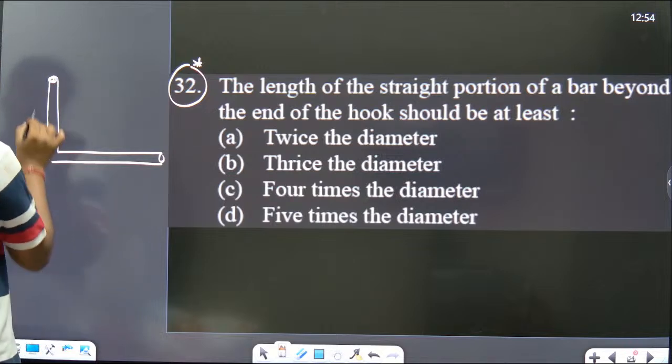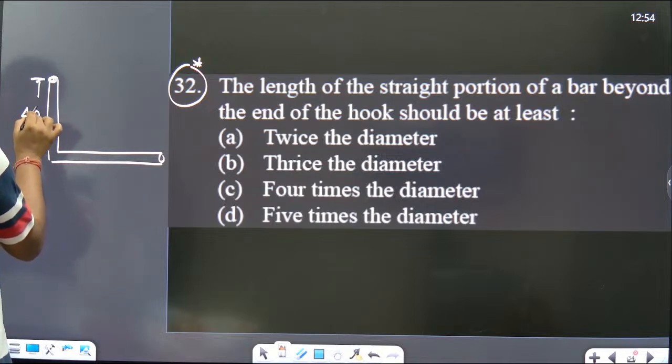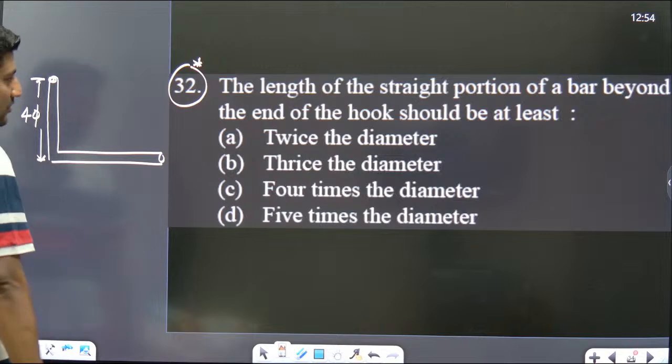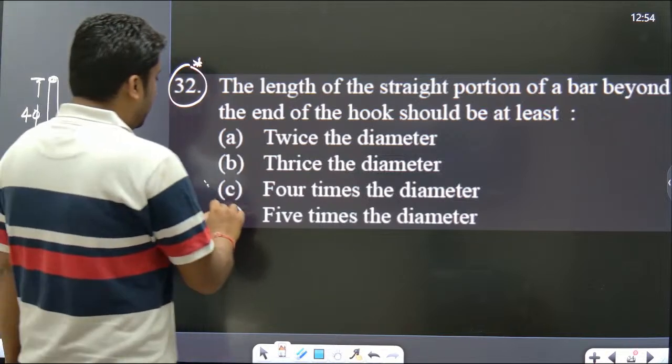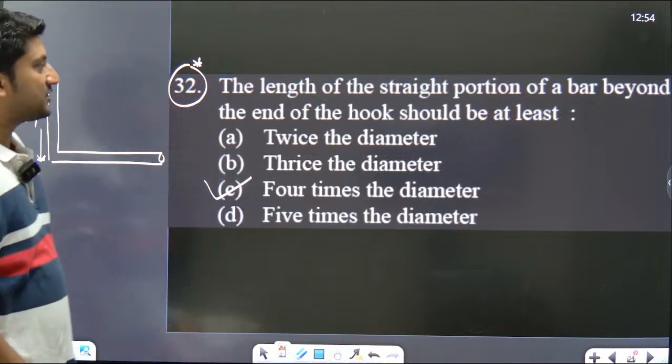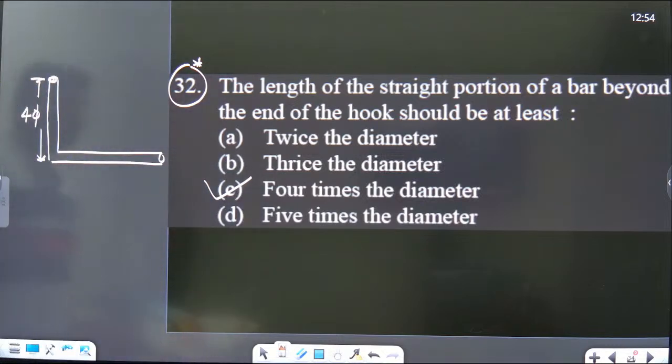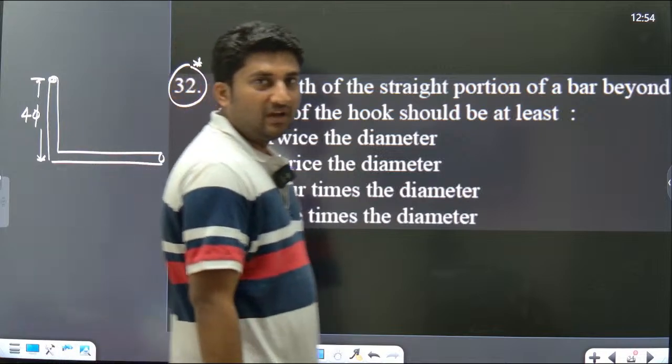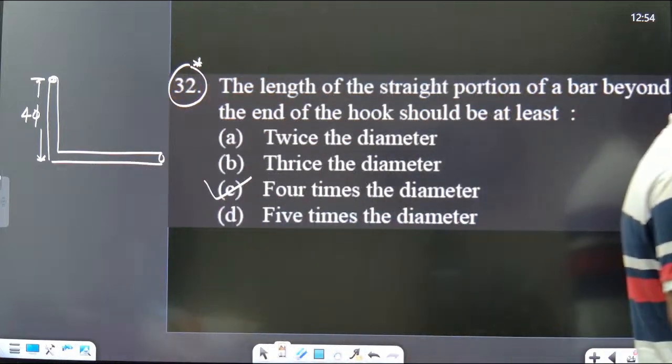This is nothing but 4 times the diameter of the bar. So the length of the straight portion of the bar beyond the end of the hook should be at least 4 times the diameter of the bar.